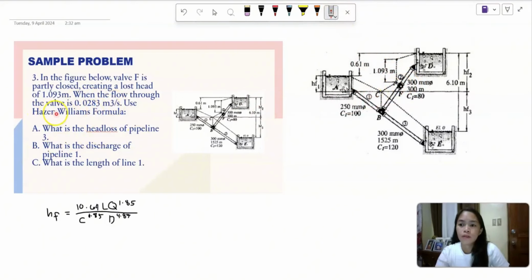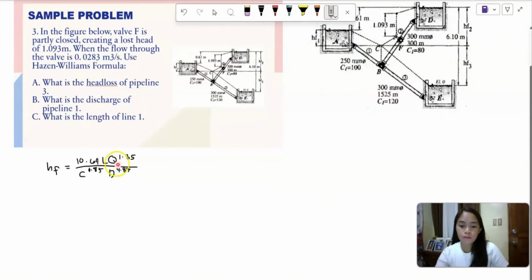Then when the flow through the valve is 0.0283 cubic meter per second, use the Hazen-Williams formula. So A, what is the head loss of pipeline 3? B, what is the discharge of pipeline 1? And C, what is the length of line 1?